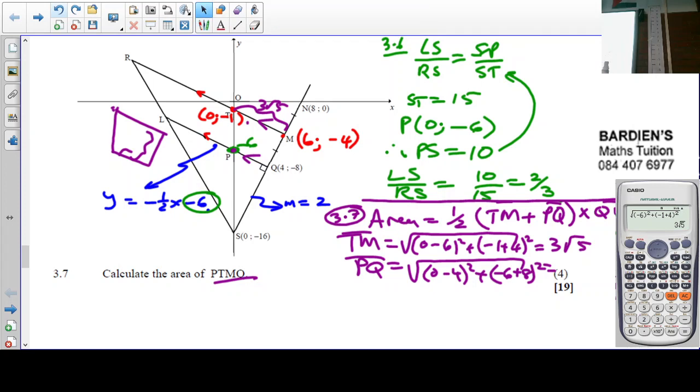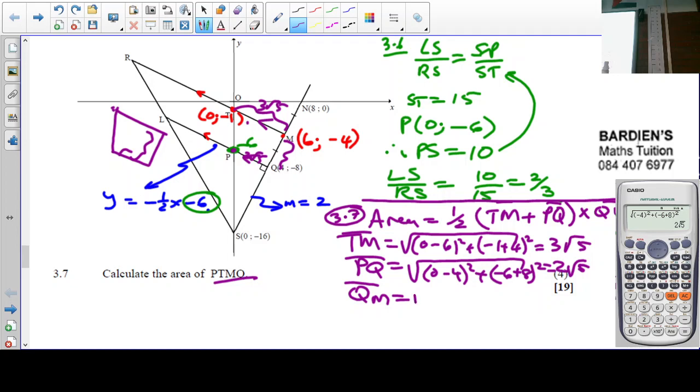That gives us the square root of open brackets negative 4 squared, not 6, 4, plus open brackets negative 6 plus 8 squared. That gives us 2 root 5, which is this length here.